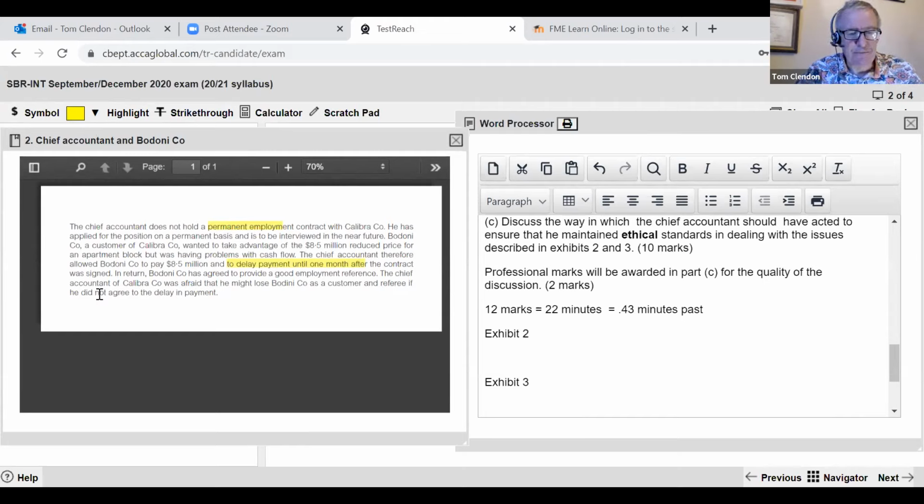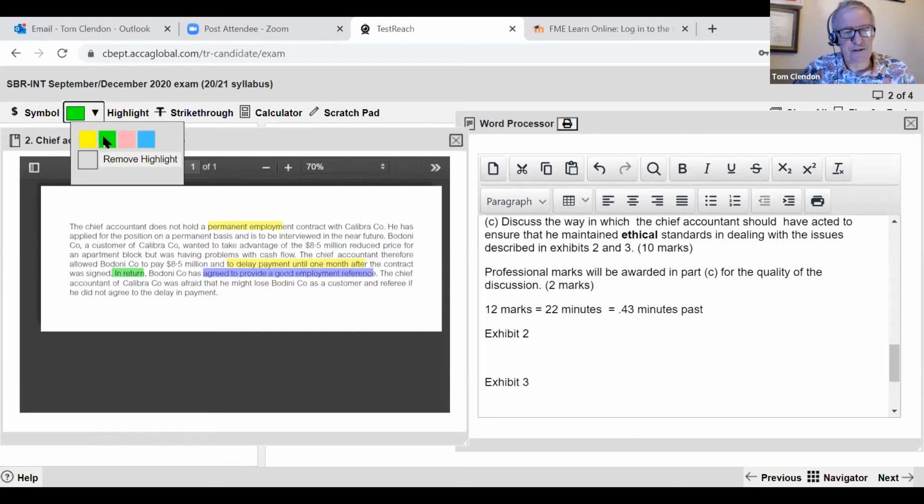In return, the chief accountant has just done the customer a favor. I'll give you 1 month's credit. In return, they've agreed to provide a good employment reference. You scratch my back, I'll scratch yours.